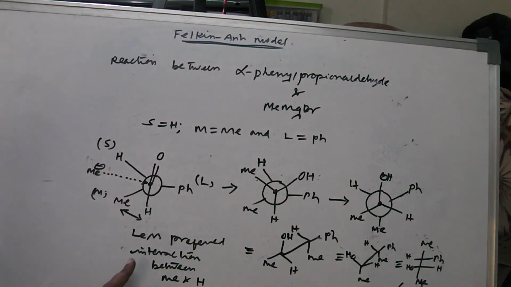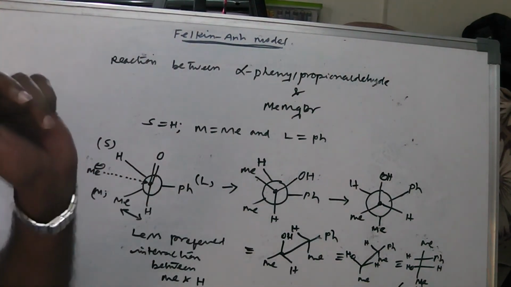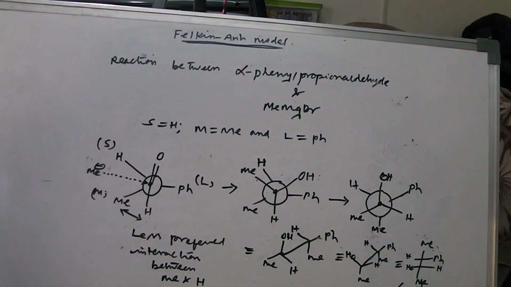So this less preferred interaction leads to a threo product that will be minor in quantity. So that is what we can say.